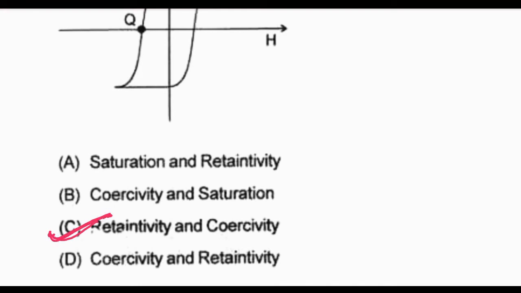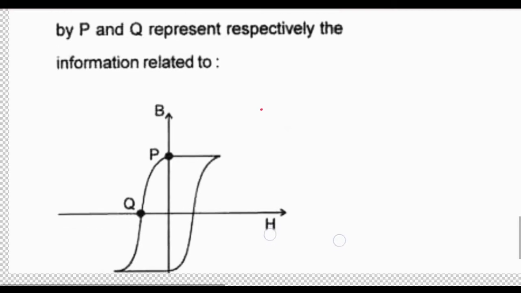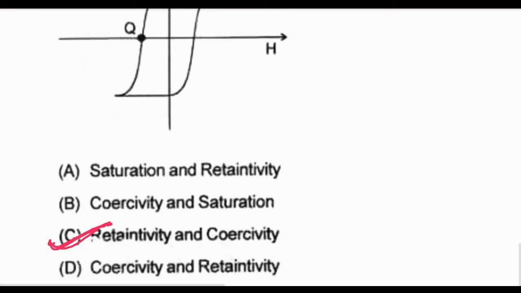But in case of this type of plot, saturation is also the same as retentivity. Generally, saturation is at one level and retentivity at another level, but in this case it seems the saturation polarization is equal to the remnant polarization or the retentivity.